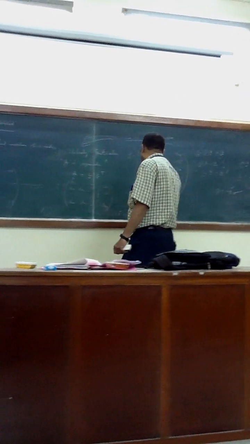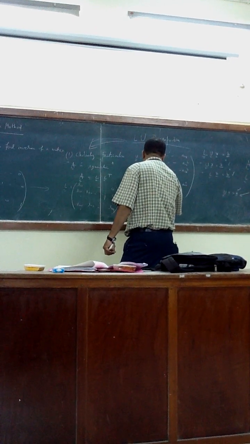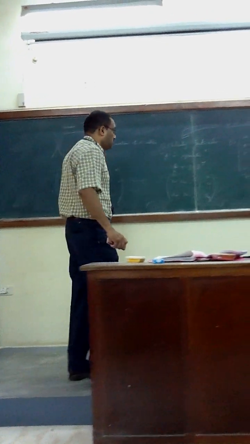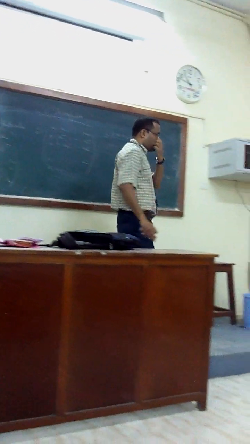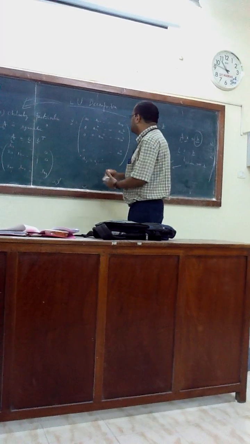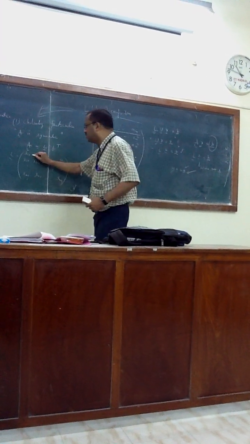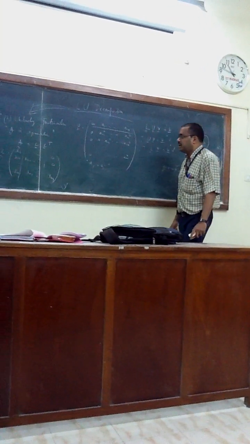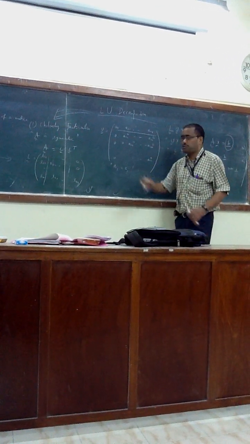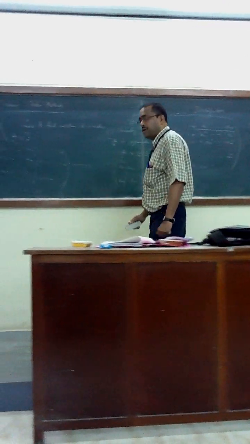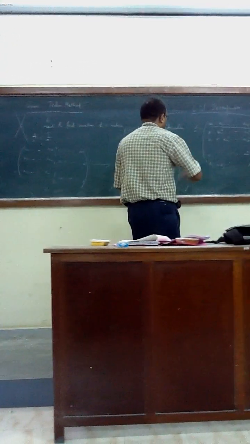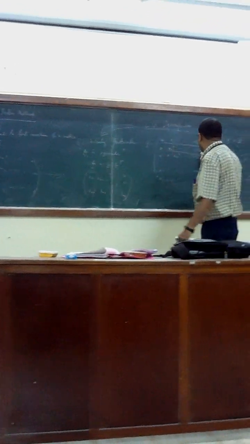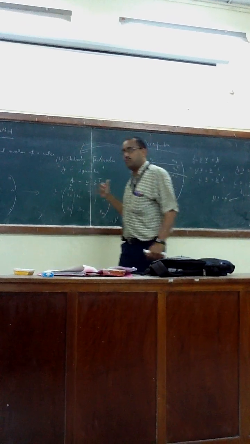That means Aij equals Aji. We take a real symmetric matrix, no need for complications or complex quantities. That means this will be equal to this. So L11 equals A11, L21 equals A12. How to prove it? That's my question. Next is this one: A22 is nothing but L22. Similarly, A2n is nothing but Ln2. How to prove it?